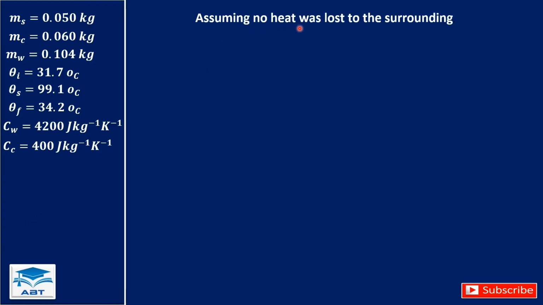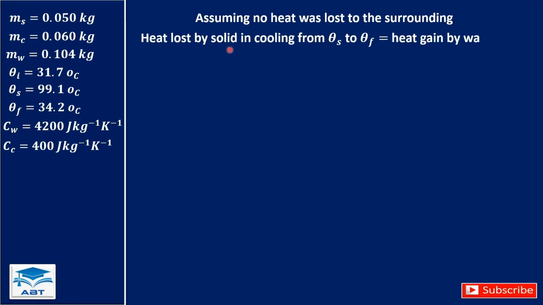Assuming no heat was lost to the surrounding, the heat lost by the solid in cooling from the temperature of the solid to the final temperature is equal to heat gained by water and calorimeter in warming from the initial temperature of the water to the final temperature of the water.